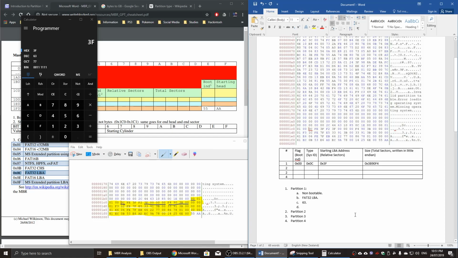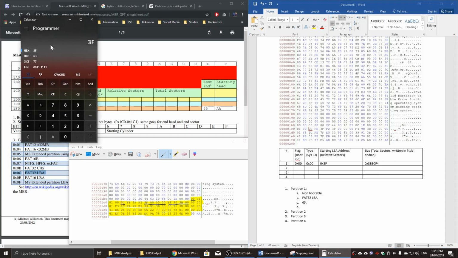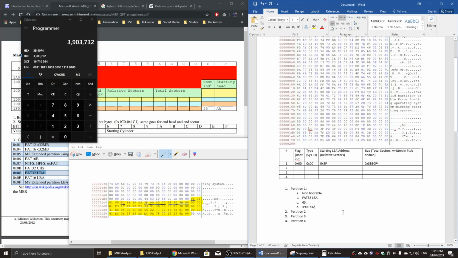And then we'll move on to the size. So the size is 3B90F4, which is in decimal, that value there.